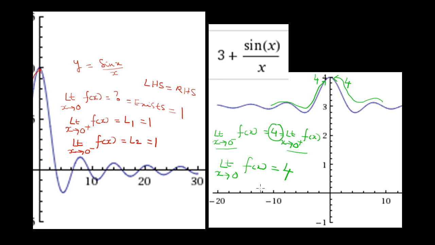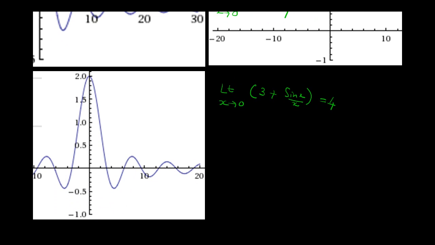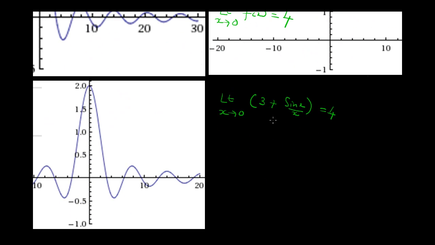Now, that means we can write limit x tends to 0, 3 plus sine x by x equal to 4. This is a result which we have obtained by careful observation of this graph.